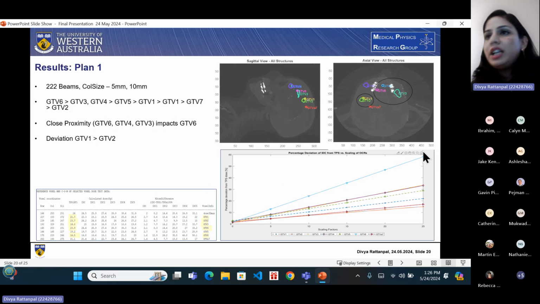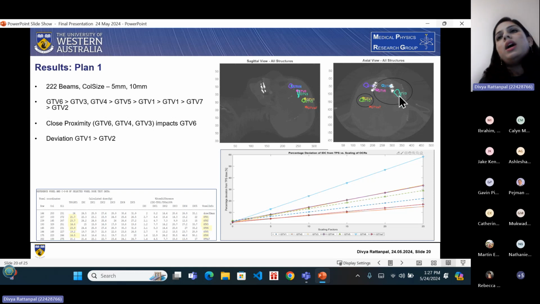And if you see here in the graph, GTV6 shows the maximum deviation. The reason could be that GTV6 is in close proximity of another target, GTV3 and GTV4. GTV4 has a higher prescribed dose, and the size of GTV3 is much larger.